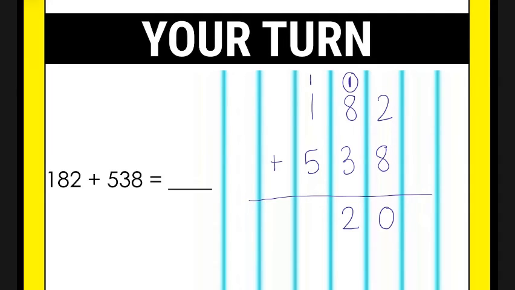Now go ahead and add your hundreds. You're adding your 1 plus 1 plus 5. That should be 7. So your answer for 182 plus 538 equals 720.